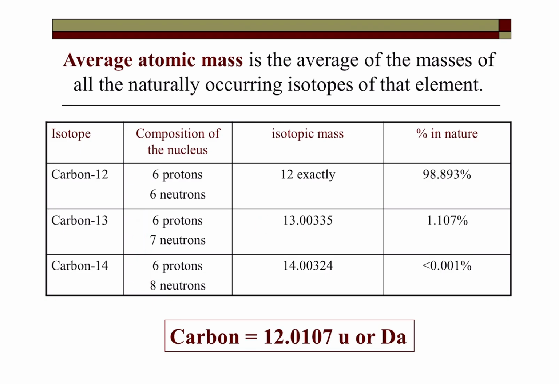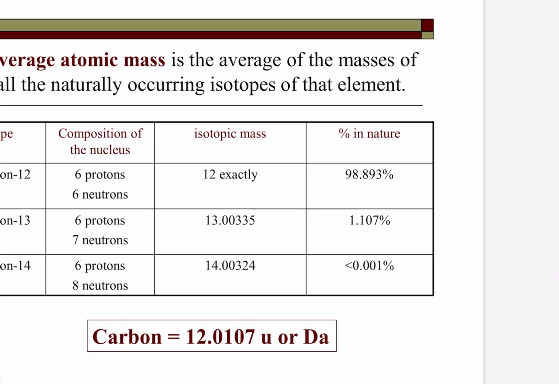For example, carbon-13 has 13.00335, and carbon-14 is around 14.00324, and their amount in nature is very low. The average carbon mass is 12.0107 because of the different types of isotopes.